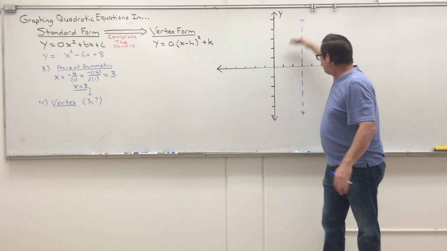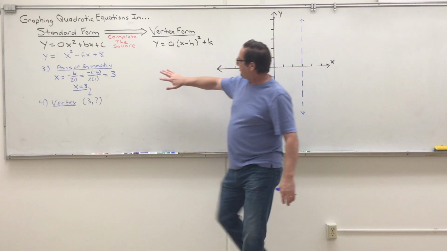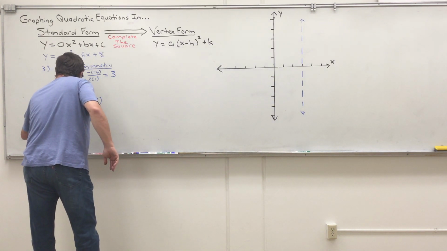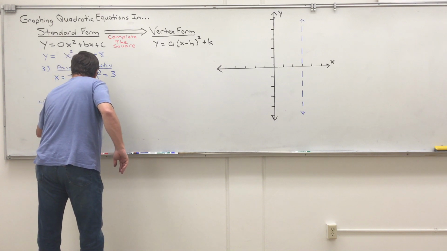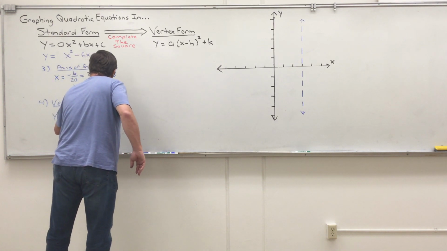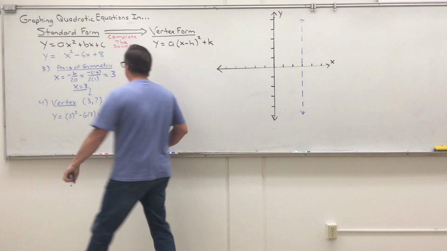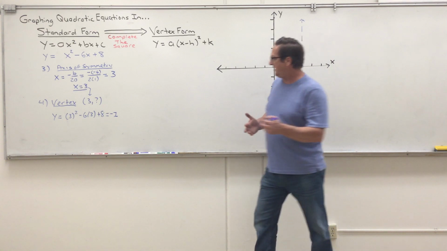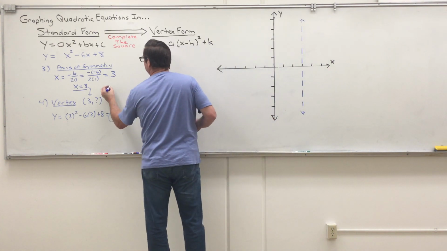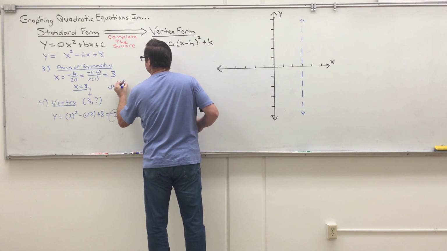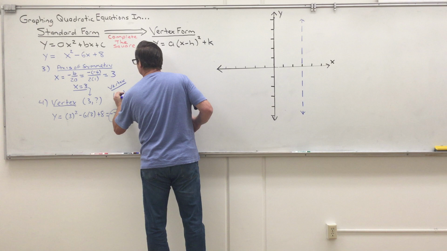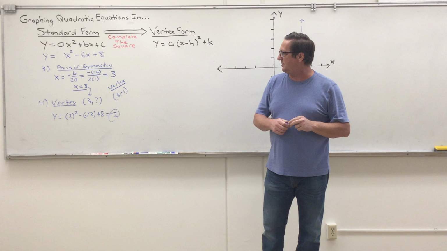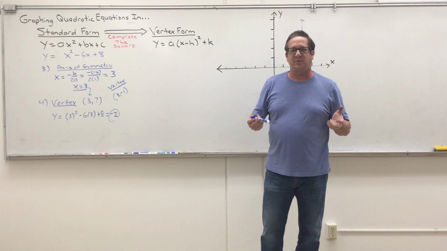I know I got a parabola like this. I just don't know where it is. So we plug 3 into the problem. And if you do your order of operations, you punch in the calculator, we got -1. And we said our vertex was 3, -1.